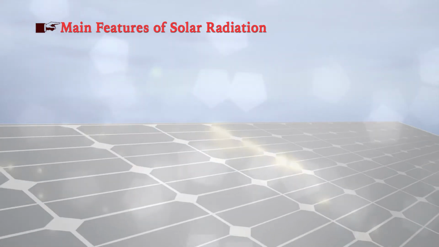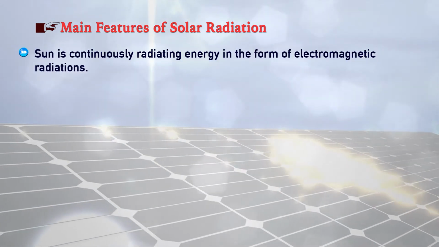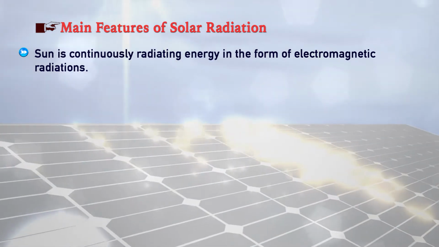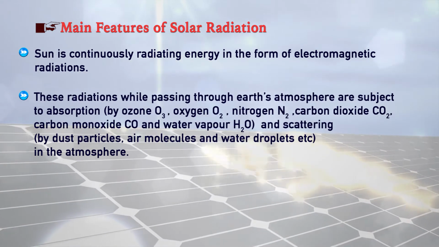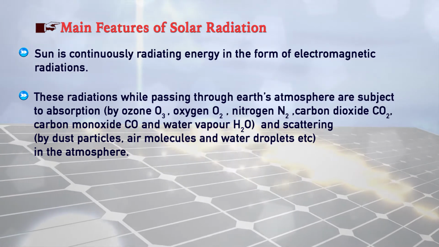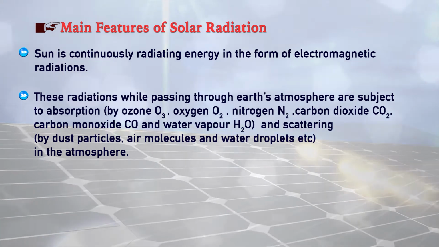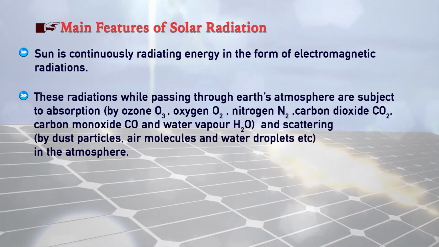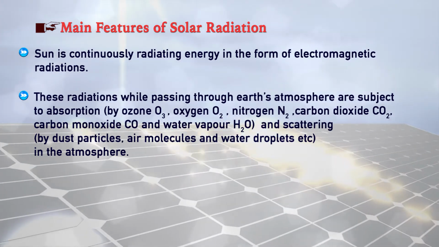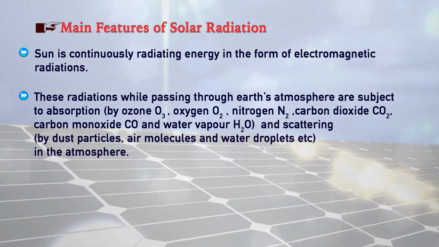So first of all, we are going to discuss the main features of solar radiation. The Sun is continuously radiating energy in the form of electromagnetic radiation. While passing through the Earth's atmosphere, this radiation is subject to absorption by ozone, oxygen, nitrogen, carbon dioxide, carbon monoxide and water vapor, and scattering by dust particles, air molecules and water droplets in the atmosphere.